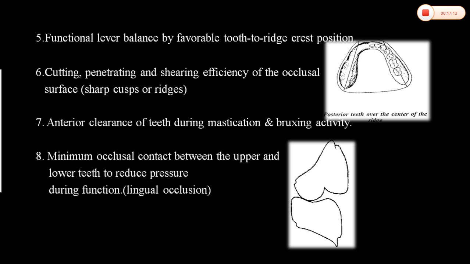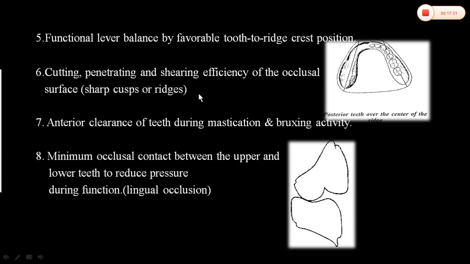Due to these leverage forces, the denture will keep rocking. As the denture rocks, there won't be any kind of stable occlusion. So to obtain functional lever balance, we should position the tooth close to the ridge crest.